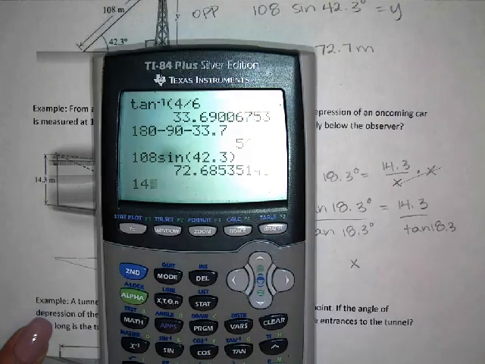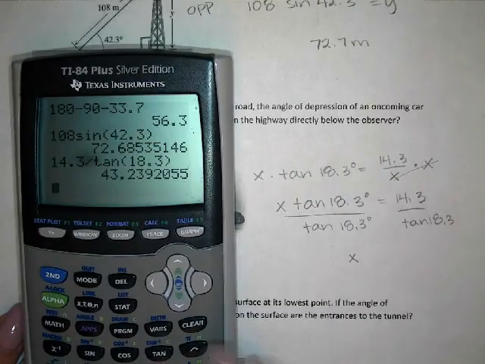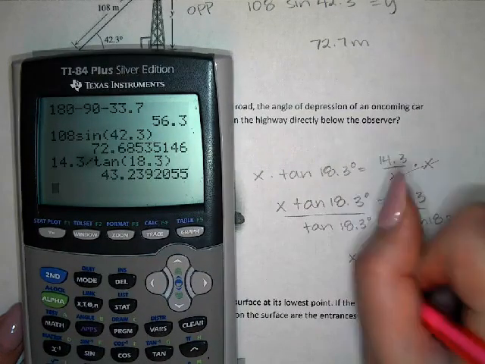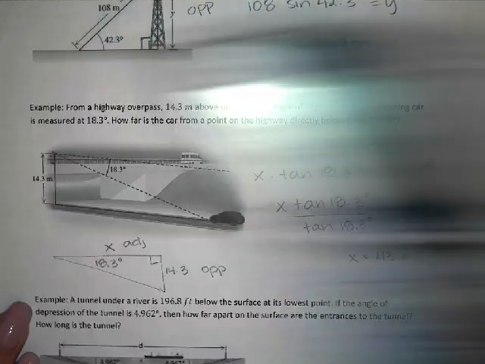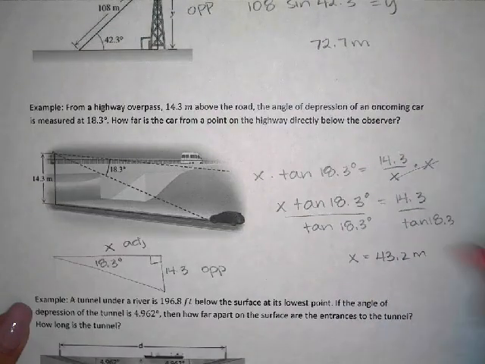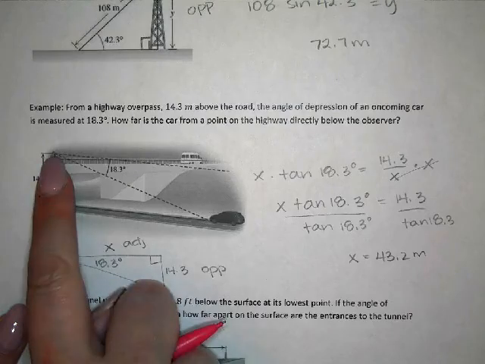So I'll say 43.2. And that was meters. So this point directly beneath the observer, from the observer to the car, this horizontal distance right here is 43.2 meters.